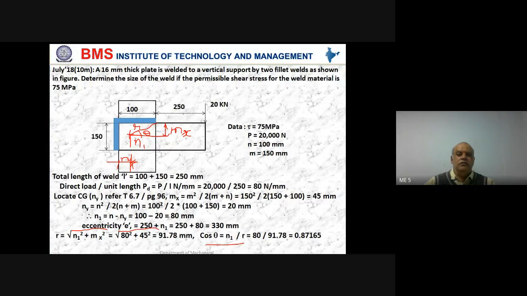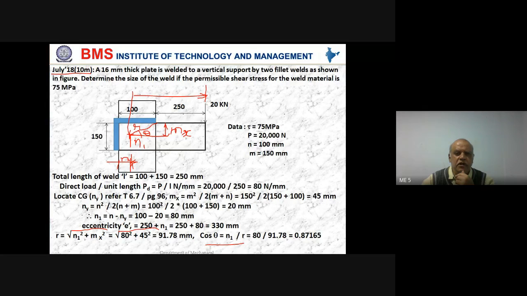This was asked for 10 marks. So always remember, eccentricity is with reference to CG and the point of application of load. This is eccentricity.